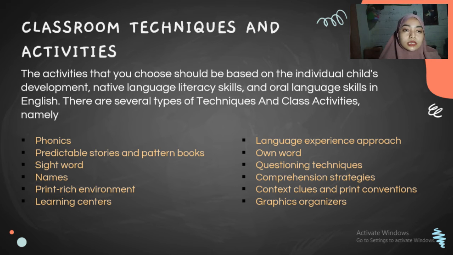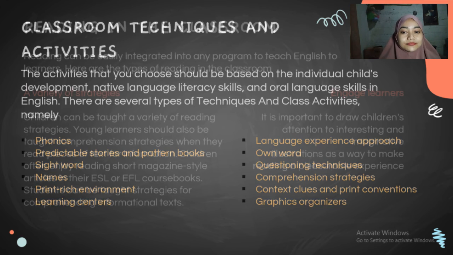There are several types of techniques and class activities, namely phonics, predictable stories and pattern books, sight words, name, brain-rich environment, learning center, language experience approach, own word, questioning techniques, comprehension strategies, context clues and the print convention, and the graphic designs.